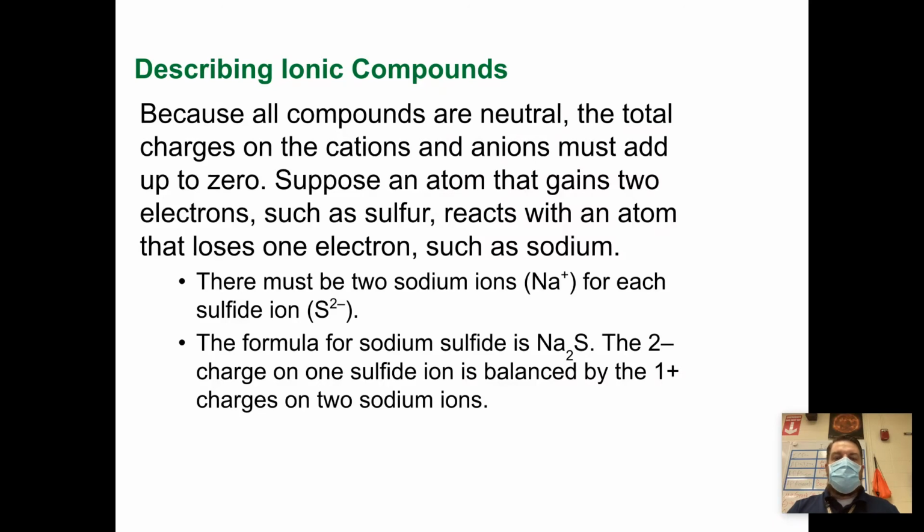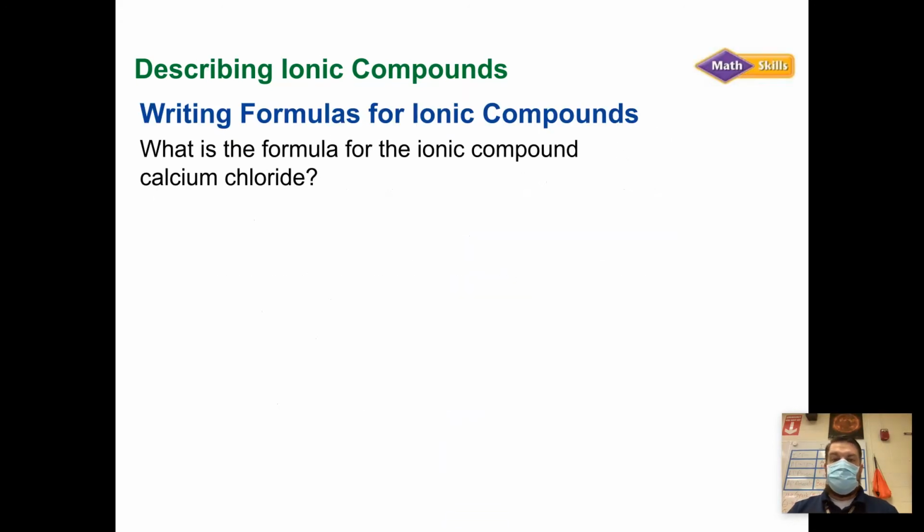So the formula for sodium sulfide would mean that I'd have to have 2 sodium ions, which would yield a positive 2 charge to balance the negative 2 charge from the sulfide. Okay? So the negative 2 charge in 1 sulfide ion has to be balanced by the 1 plus charge on 2 sodium ions. Okay?